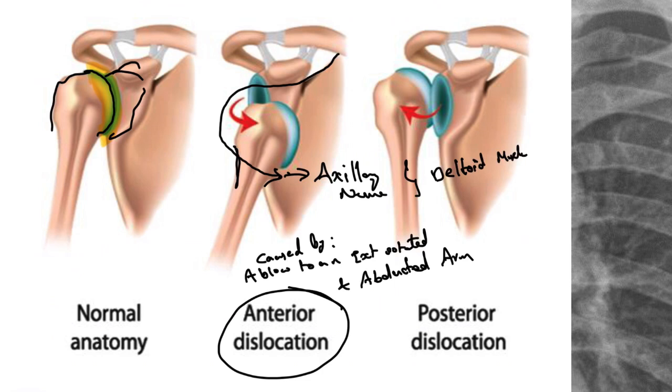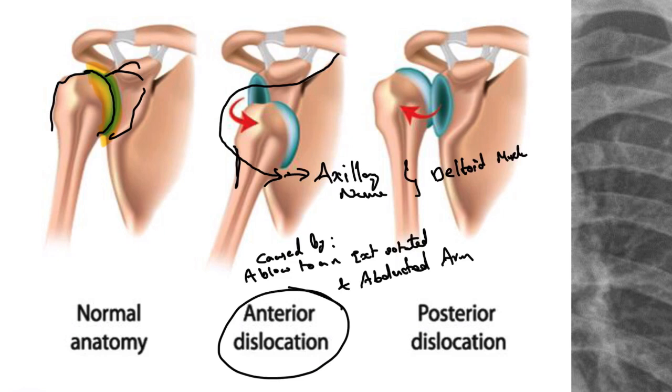Because of the humeral head dislocation, we can see the teres minor and deltoid muscle get weak, with weak shoulder abduction, and it provides sensation to the lateral side of the deltoid muscle.